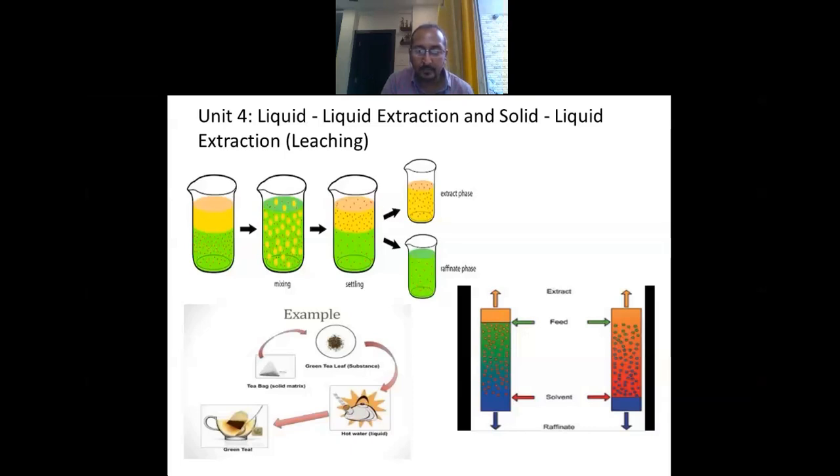So we extract oil from a solid material by using a liquid solvent. Or we extract essential oils from flowers, from sandalwood, by using water at its boiling point as a solvent.